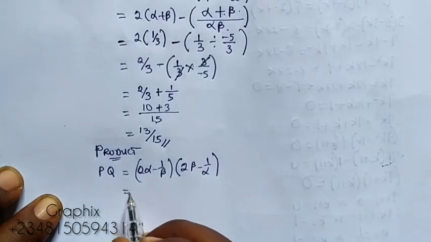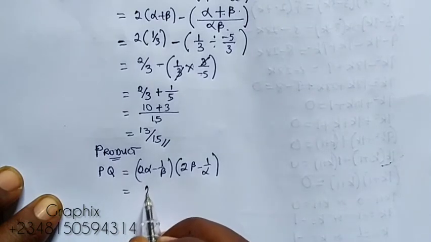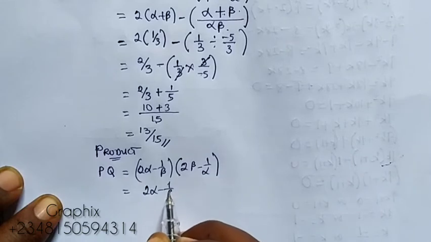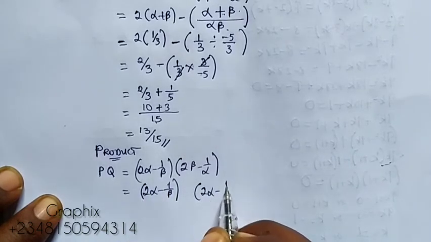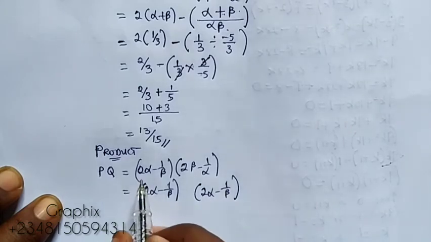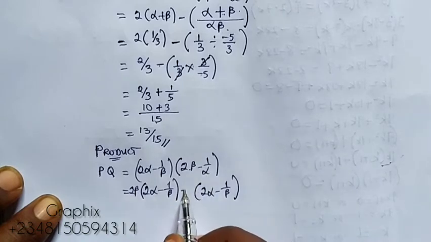So if you expand that, like I told you earlier, I can take this and I'll be having 2 alpha minus 1 over beta. I'll leave space, 2 alpha minus 1 over beta. So I'll take one of these. This is 2 beta, and I'll take minus 1 over what? Alpha.